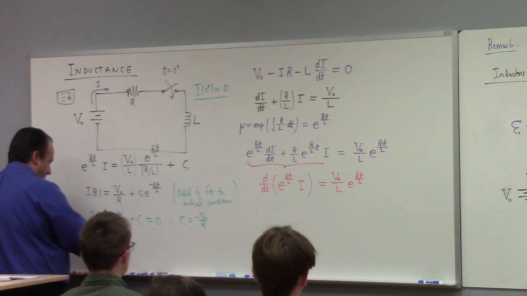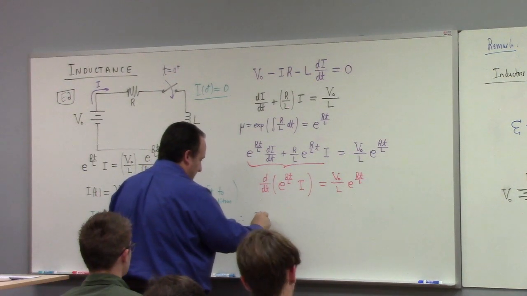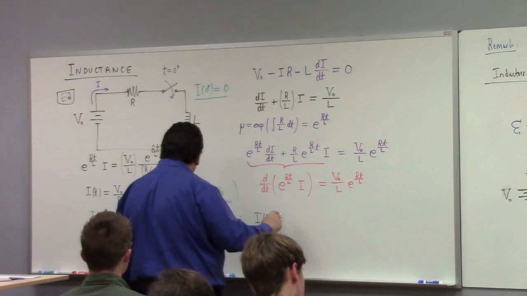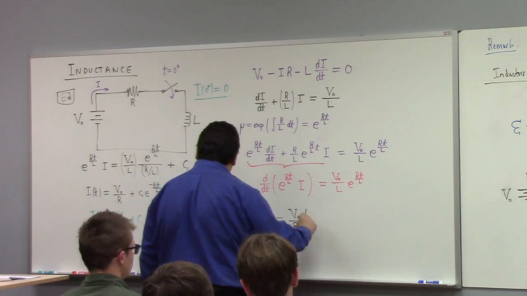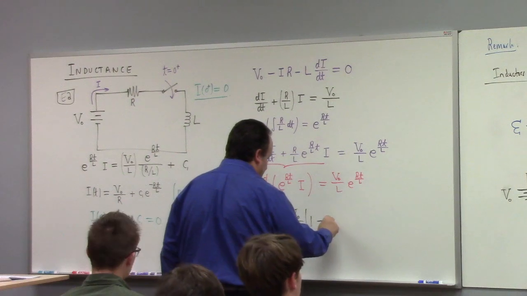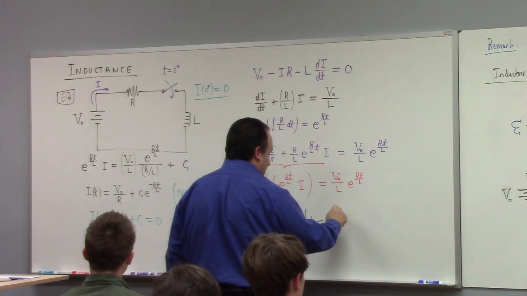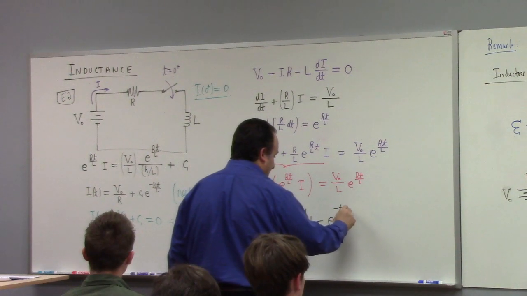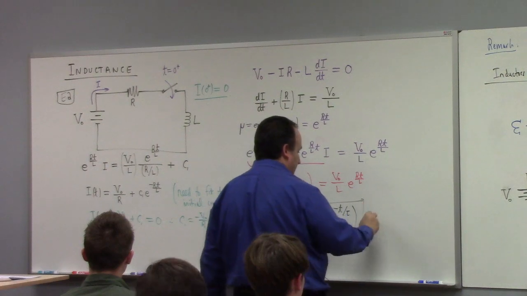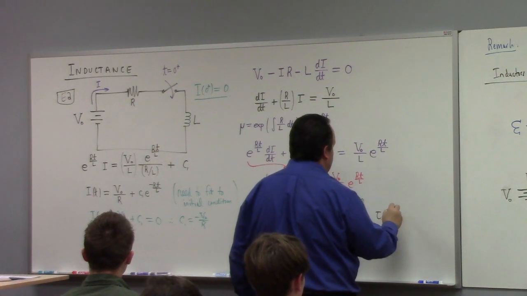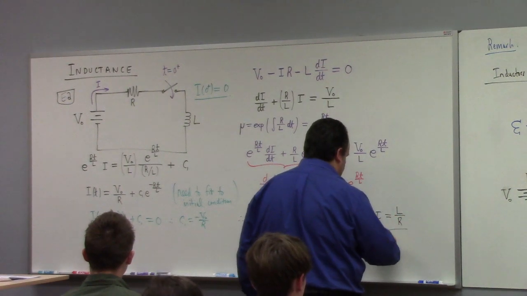Hence, we find the current as a function of time for the RL circuit is simply V naught over R times 1 minus e to the minus t over tau, where I have introduced tau as equal to L over R. This is the so-called time constant.